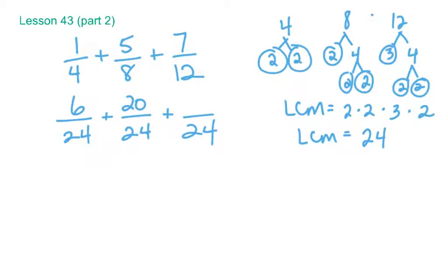This 12 became 24 by multiplying it by 2, so I multiply 2 on top. And these all result, when you add the numerators together, 35 over 24. So that was just an example of why we need to find the least common multiple.